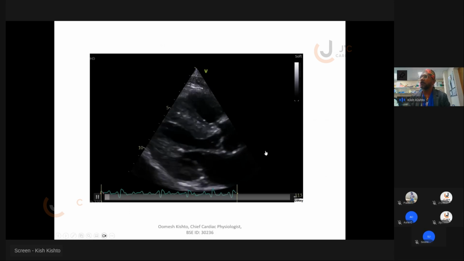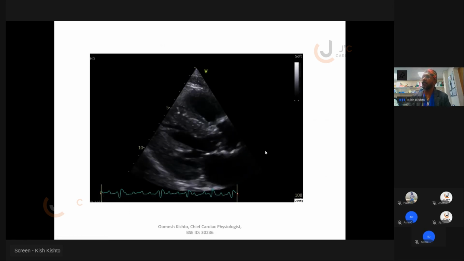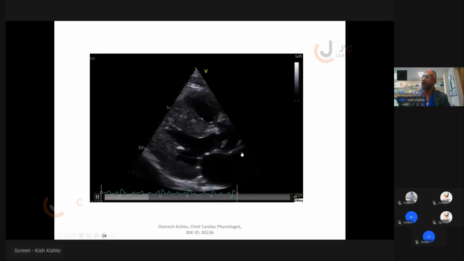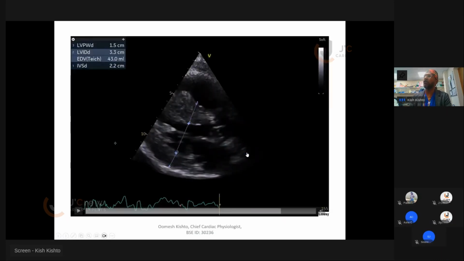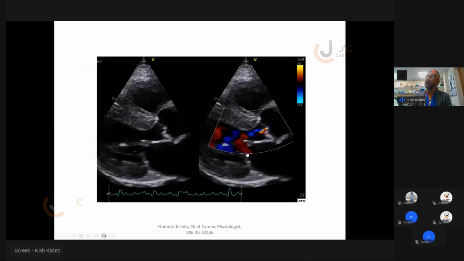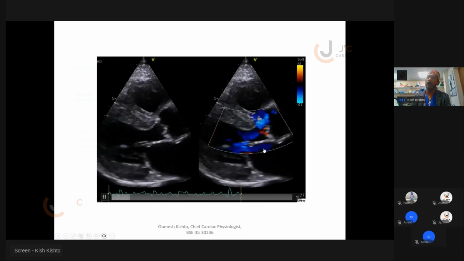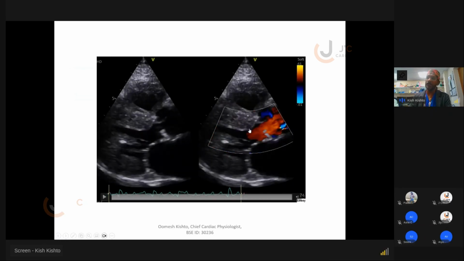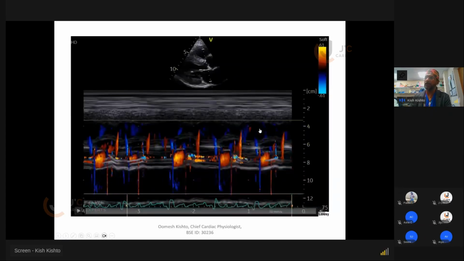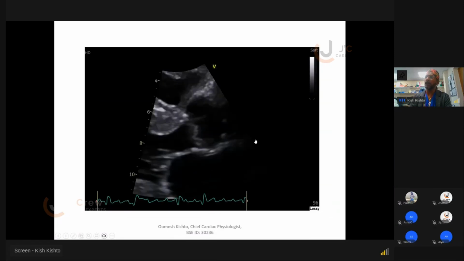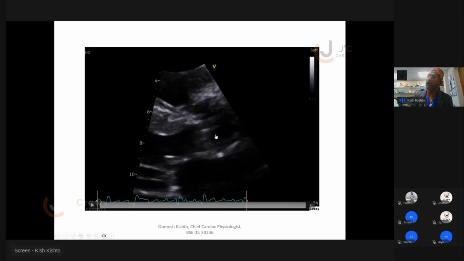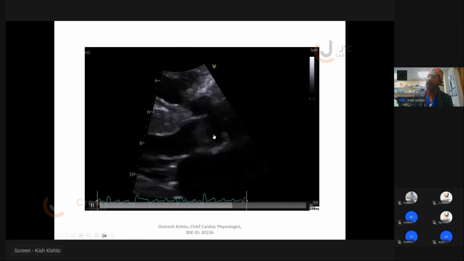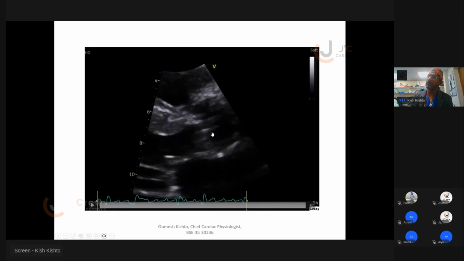So that's my long axis view, and always when there is some sort of vegetation, there is sometimes presence of regurgitation as well. And here, as you can see, guys, it looked quite fluffy and flicking at the end.